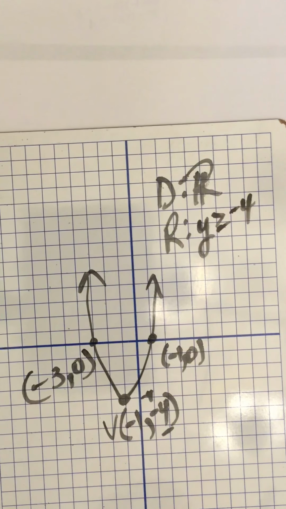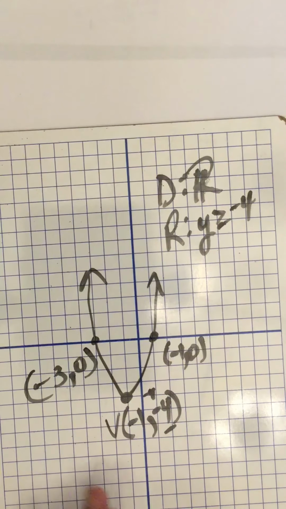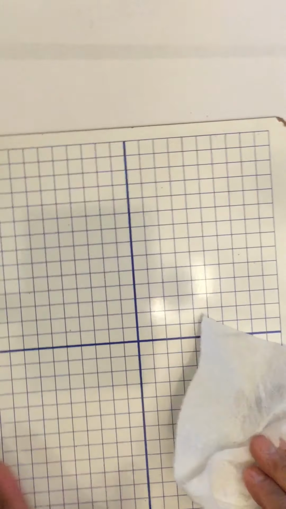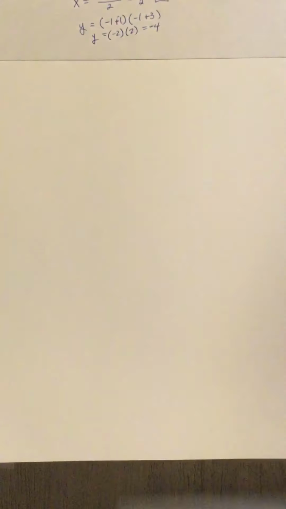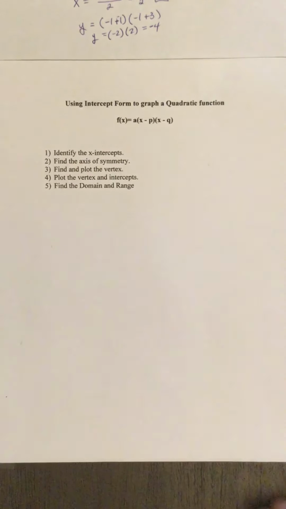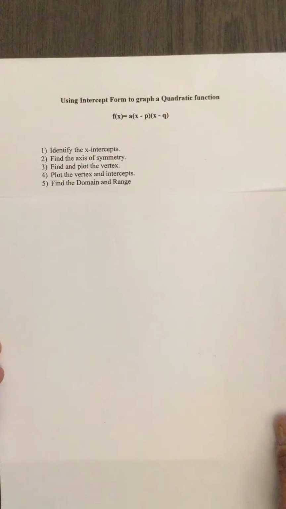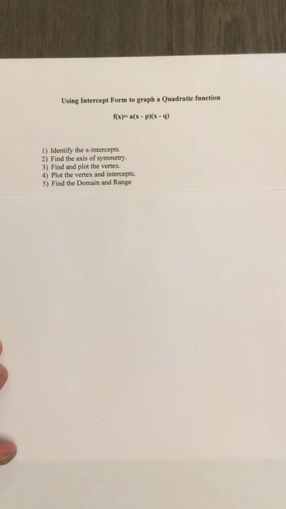Now, let's do one a little quicker. Let me erase this. At the same time, I want to show you these are the steps on how to graph a parabola that's in intercept form.